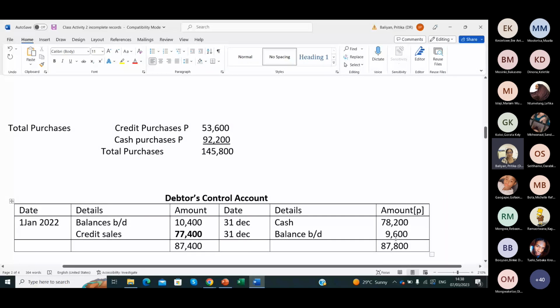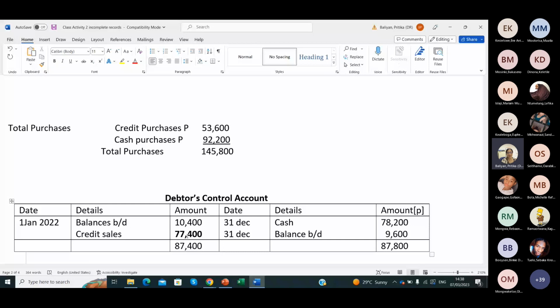So you add 9,600 and get the total balance. From there you subtract the opening balance, and when you subtract 10,400 from the total, the credit sales will be 77,400. That is the difference to make it total. So that's how we do that, right?